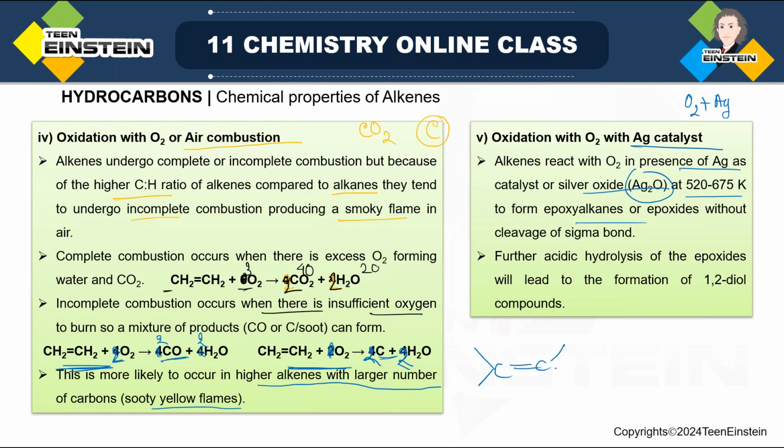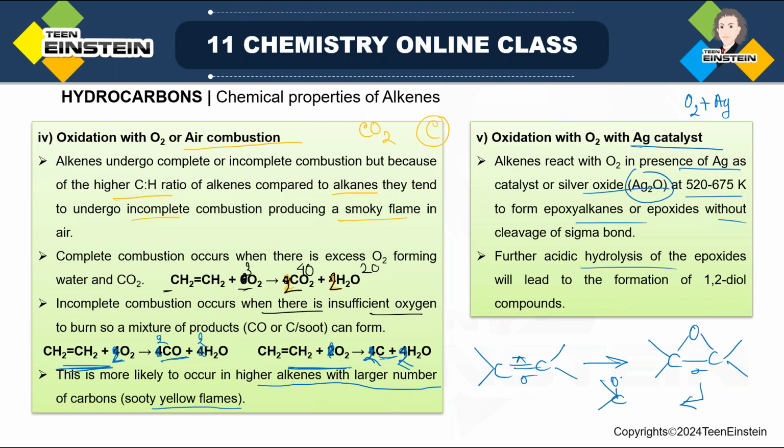If this is the alkene and you are using this reagent, you will end up with a structure like this. So this is epoxide or epoxy alkane, and the sigma bond is still present. That is why it is mentioned here as without the cleavage of the sigma bond. So here only the pi bond is broken, the sigma bond is still there. Further, if you do some acidic hydrolysis of this epoxide, that will lead to formation of 1,2-diol.